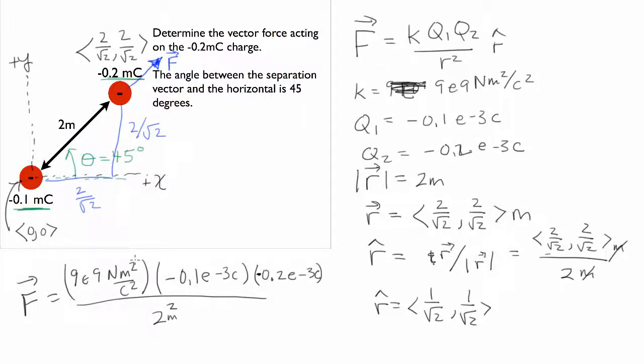The meters squared cancel, the coulombs squared cancel, and we multiply that by the unit vector 1 over the square root of 2, times 1 over the square root of 2.